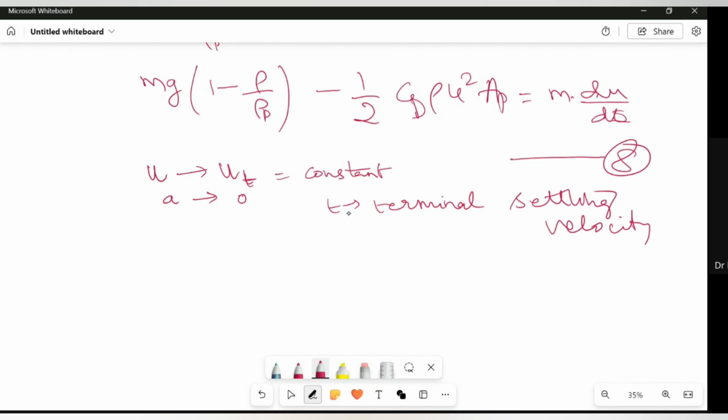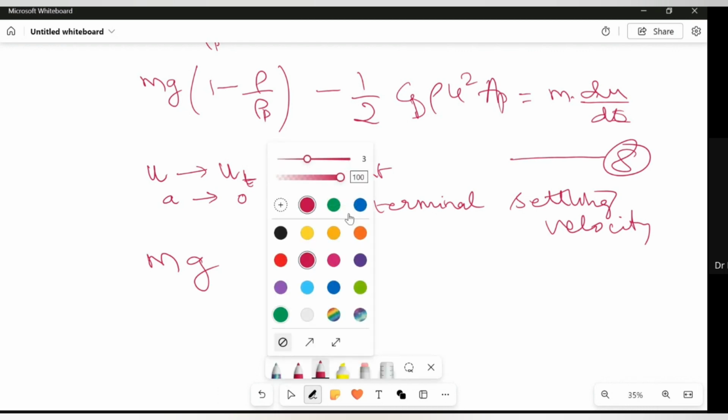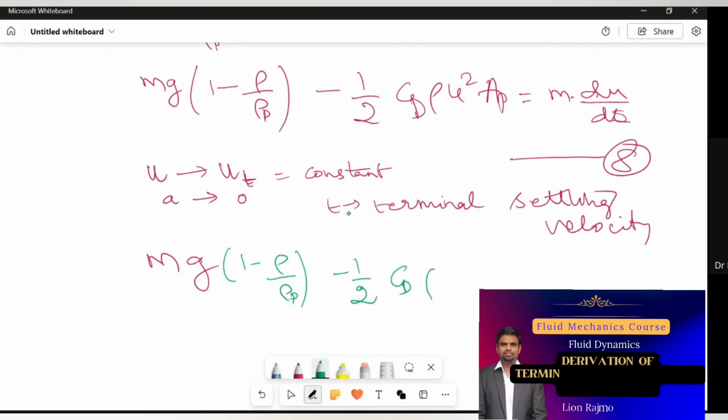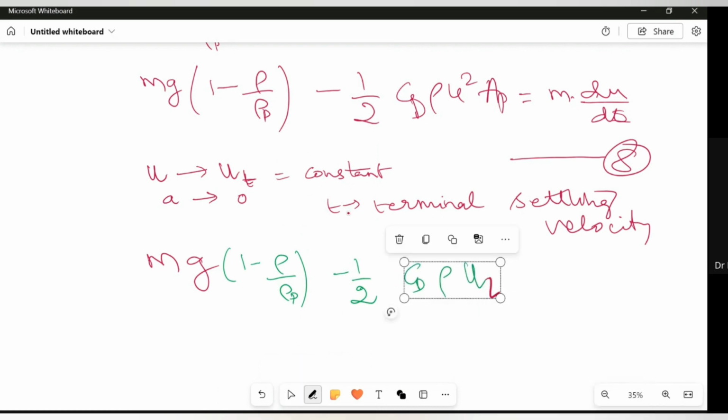Okay. So we have mg into 1 minus rho by rho p minus half cd rho, here subscript is t, ut square ap equal to 0.